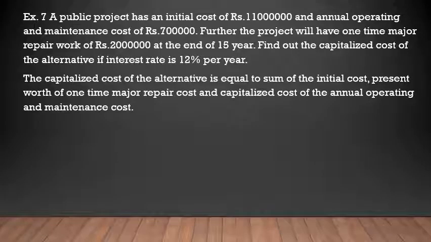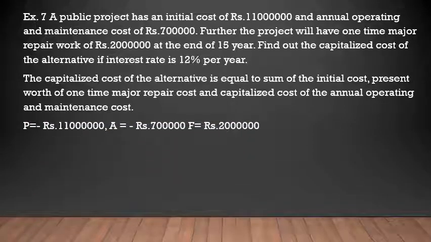I know that capitalized cost is given by the sum of the initial cost, the present worth of the one-time major repair cost, and the capitalized cost of the annual operating and maintenance cost. I know that P is equal to 1 crore 10,000, A is equal to 70,000, and this 20 lakhs occurs at the end of the 15th year, so it has to be F.